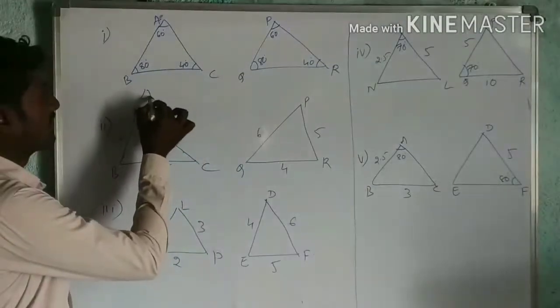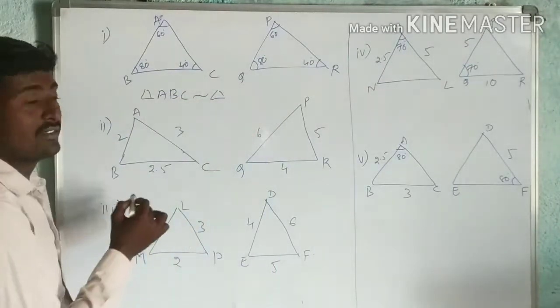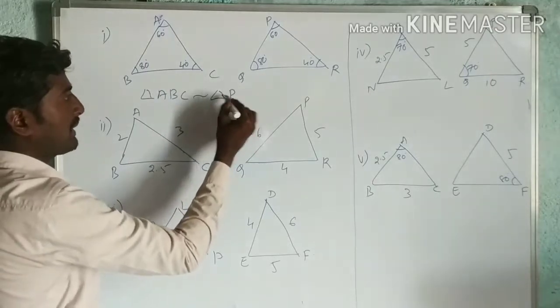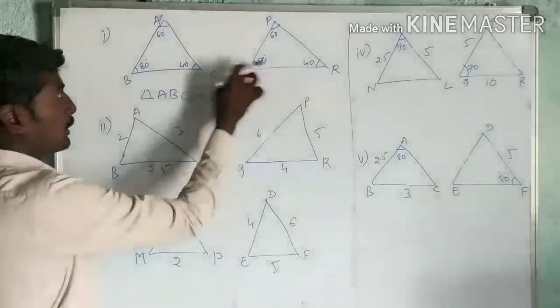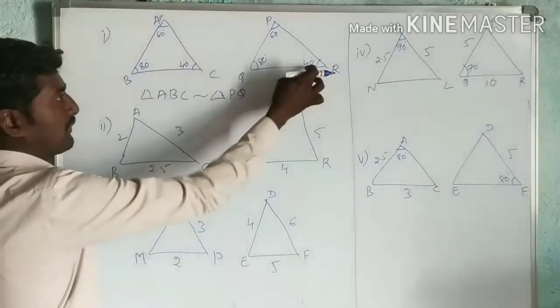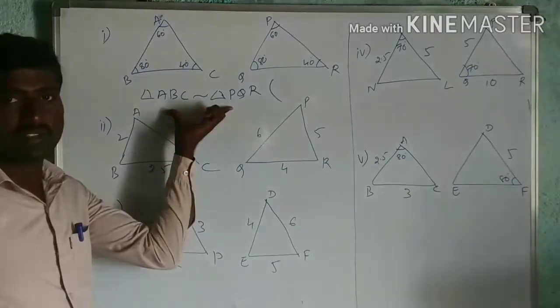So triangle ABC is similar to triangle PQR. For the angle A, I must write P. For the angle B, Q, 80, 80, Q. Then for the angle C, 40, 40, R. So this is the symbolic form.